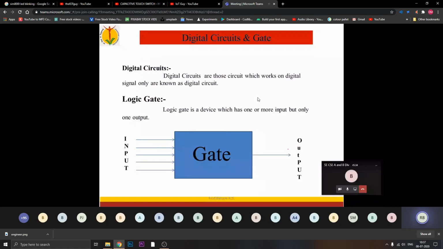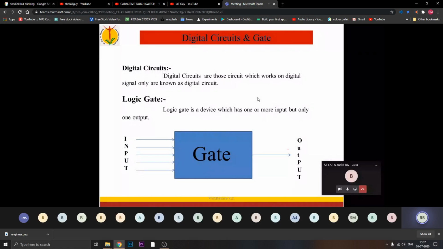From the circuit, I define the system. What is a digital system? A digital system contains a number of digital circuits. It's very simple. I repeat it once again. Once I know what a digital signal is, from it I define the digital circuit and the digital system also.